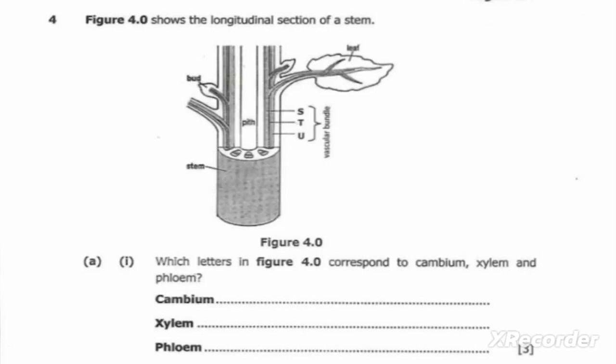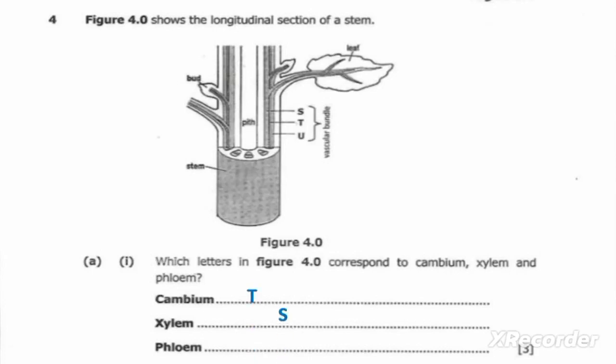Question 4a, cambium. Which one is representing cambium? We can see that T is between U and S. S is pointing to the part inside, U is pointing to the part outside, and T is pointing to the part between S and U. So therefore, T represents cambium.